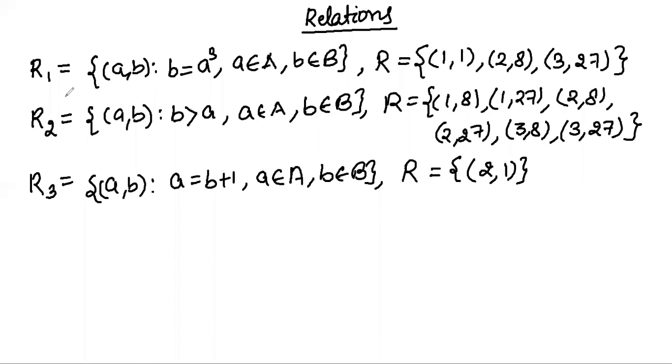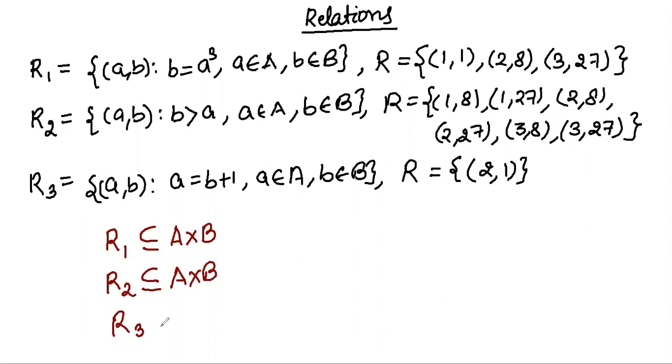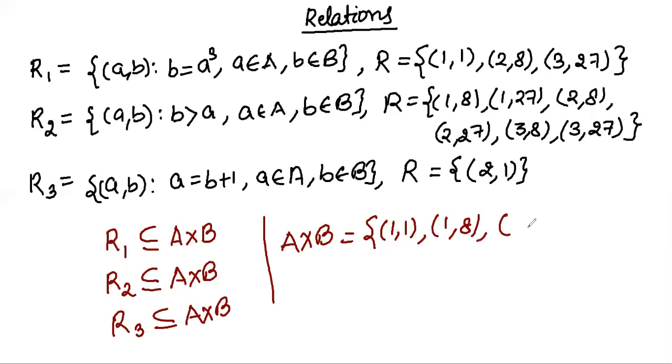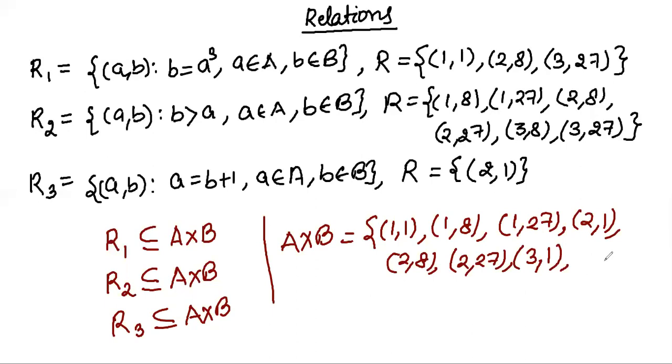According to R1, R2 and R3 we can write that R1 is a subset of A cross B, R2 is a subset of A cross B, and R3 is a subset of A cross B. Because A cross B we were having here 1, 1, 1, 8, 1, 27, 2, 1, 2, 8, 2, 27, 3, 1, 3, 8, and 3, 27.